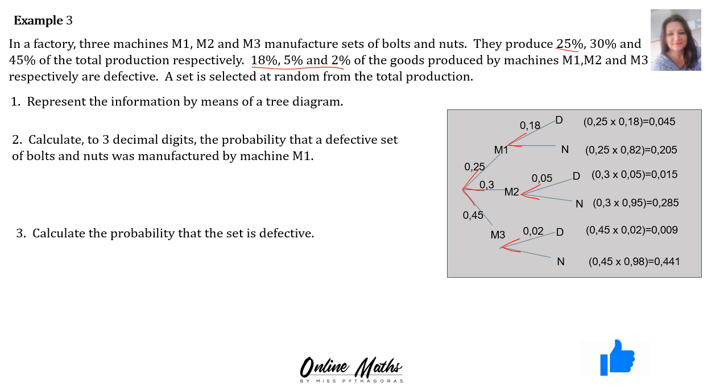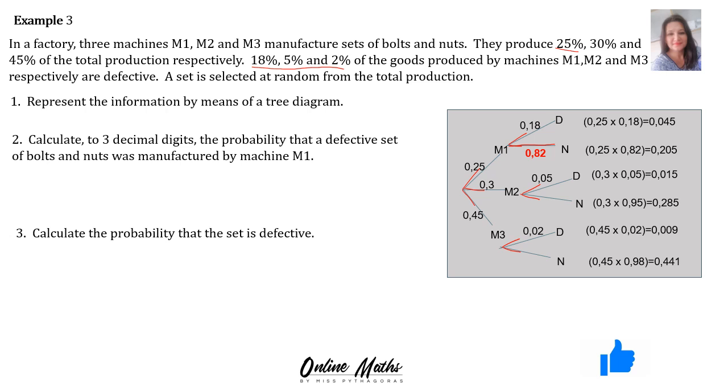Now, we have to calculate the not defective part. And now it's the principle, remember probabilities always add up to 1. So what you actually say is 1 minus 0,18 is 0,82. And if you just check that, 0,82 plus 0,18 is 1.